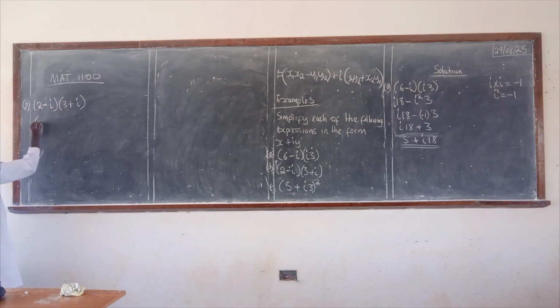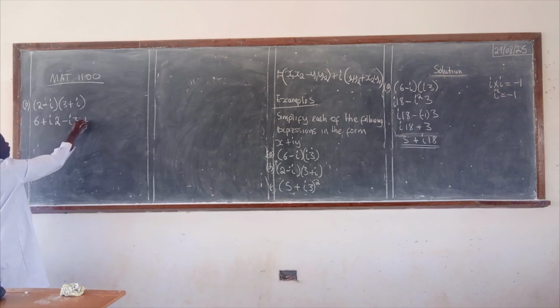It's going to give us 6. 2 times i, it's going to give us plus i2. Again, we multiply here, negative i times 3, it's going to give us negative i3. And then here, negative, so it's going to give us plus. Remember, i times i is going to give us a negative. So negative times negative is going to give us positive 1 there.